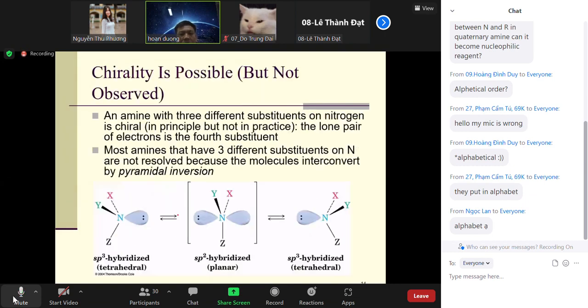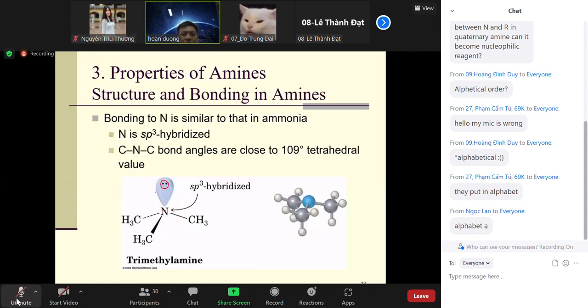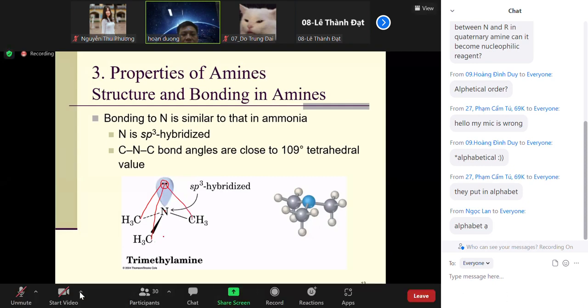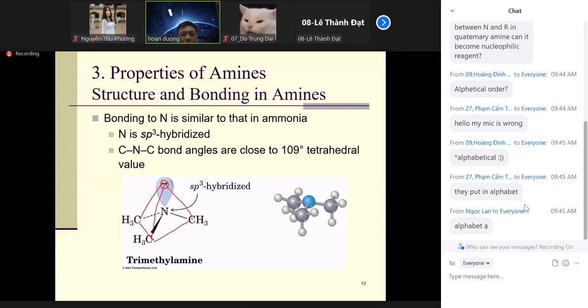And now you can see, if you draw the tetrahedron, that should be in the middle of the tetrahedron. And here is about 109 degrees. Okay, 109 degrees.